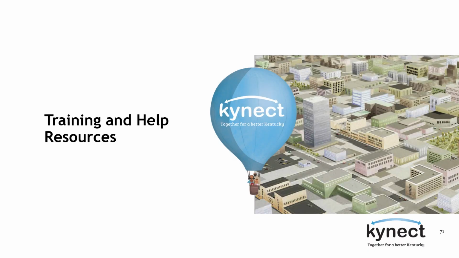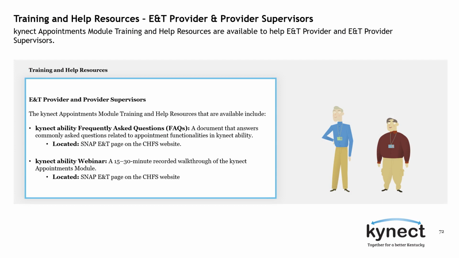Kynect Appointments module training and help resources are available to help ENT participants, providers, provider supervisors, and central office staff. For ENT providers, provider supervisors, and central office staff, the resources available include the Kynectability Frequently Asked Questions document that answers commonly asked questions related to the appointment functionalities in Kynectability.